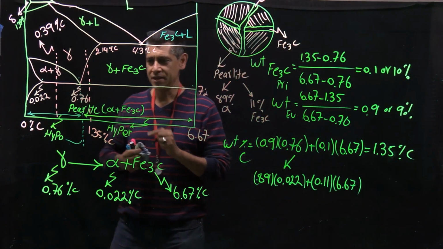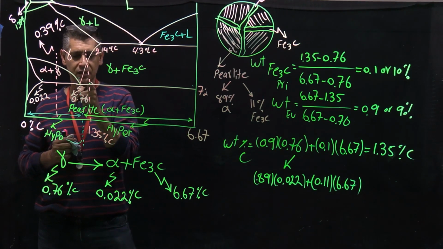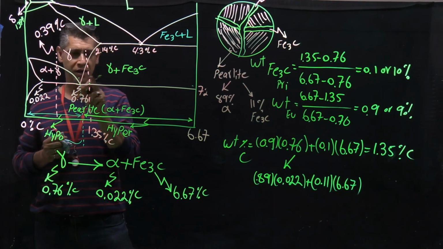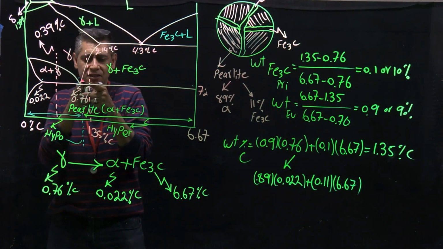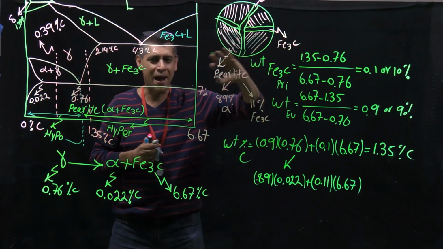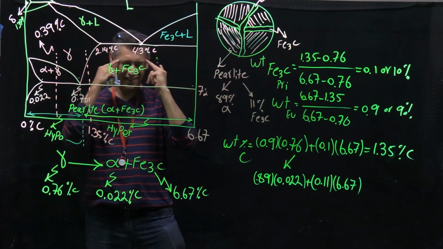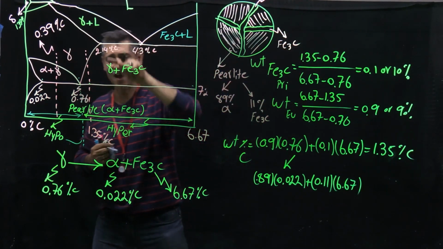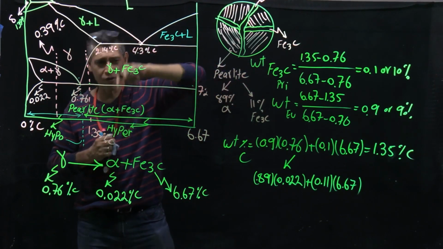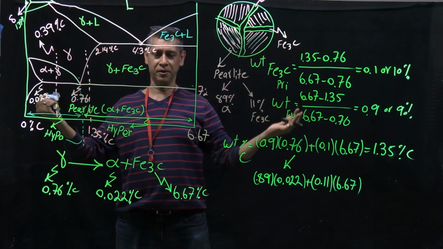By the way, now if I increase the carbon content, meaning going this direction, going this way, by increasing carbon content, this arm is going to be larger. That means the amount of my primary phase, which is cementite, is going to be more. And that again makes sense, because if I have more carbon content, I have to have more weight percent of the phase with more carbon.